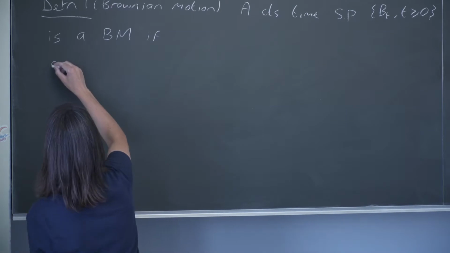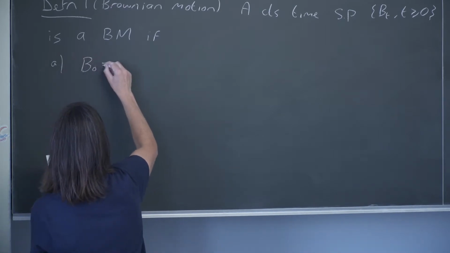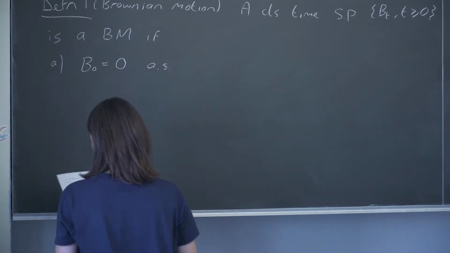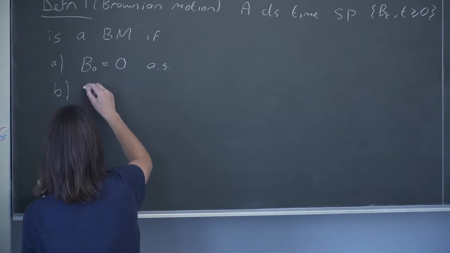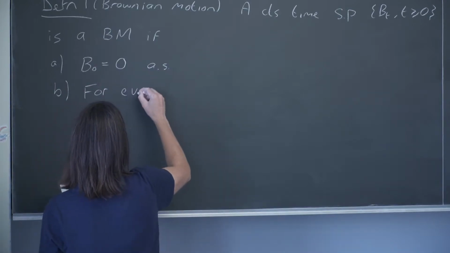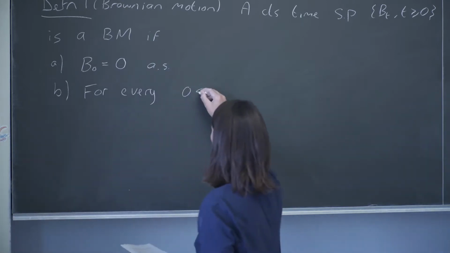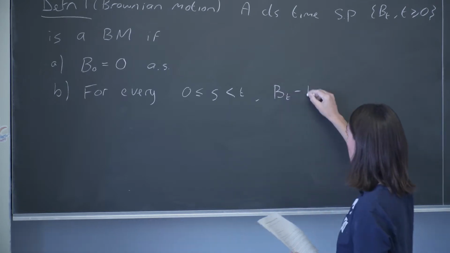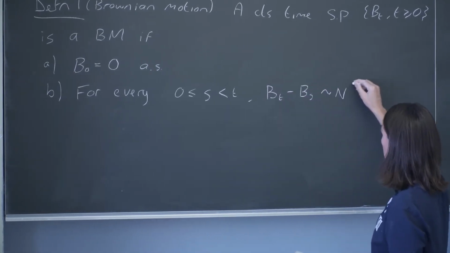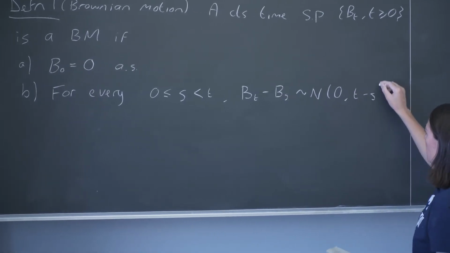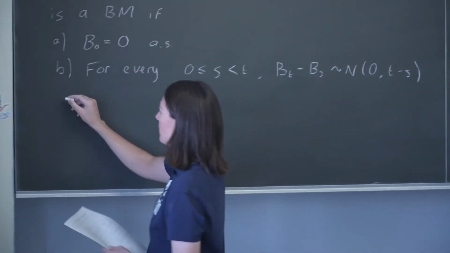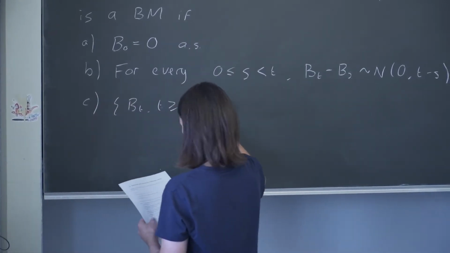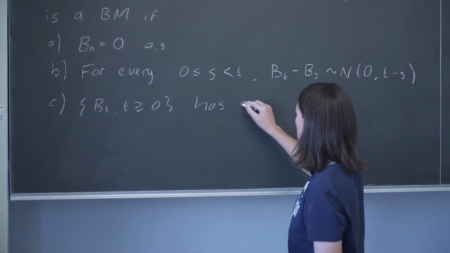(a) B_0 is equal to 0, so we start it at 0. You can put almost surely there. (b) For every 0 less than or equal to s less than t, B_t minus B_s is normal with mean 0 and variance t minus s. (c) B_t has stationary and independent increments.